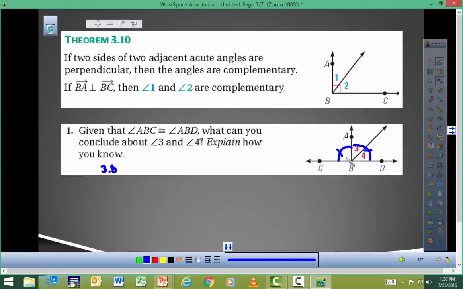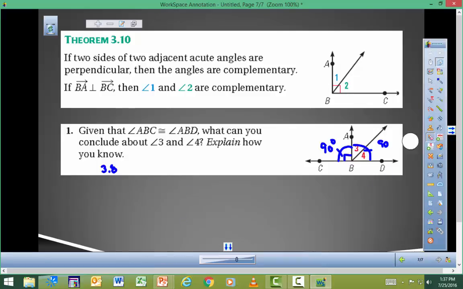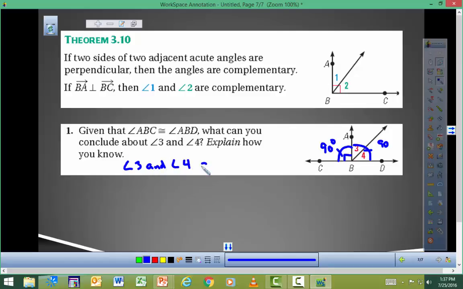So you have perpendicular here, which means that's a right angle here, which means this side over here must be 90 degrees. So angles 3 and 4 must be complementary.